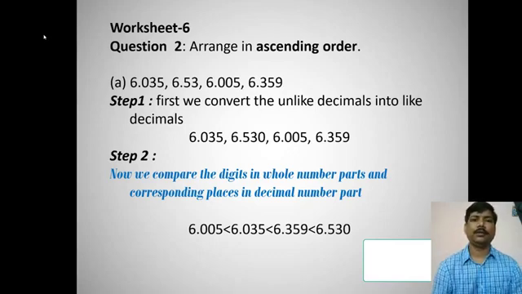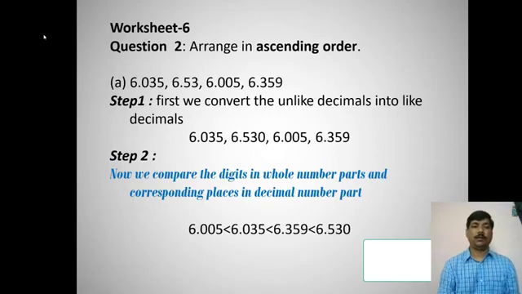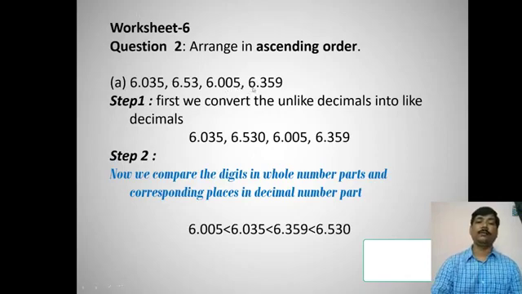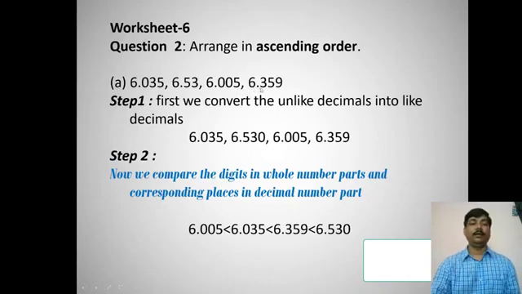Now we will compare the decimal numbers and write them in ascending order. Here are written some decimal numbers. The decimal numbers are 6.035, 6.53, 6.005, 6.359.